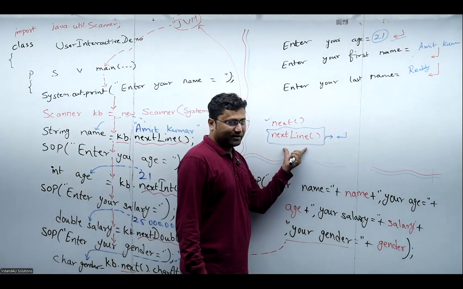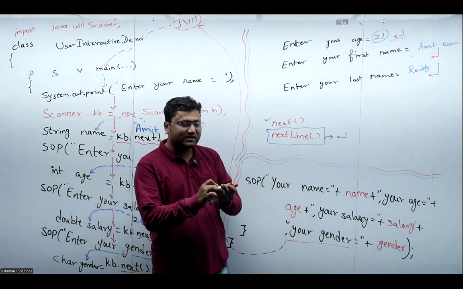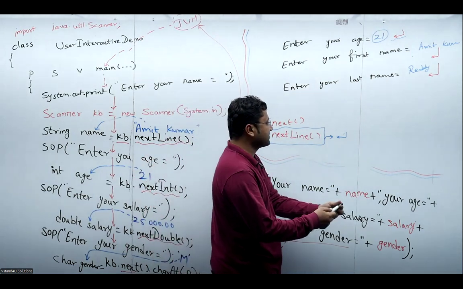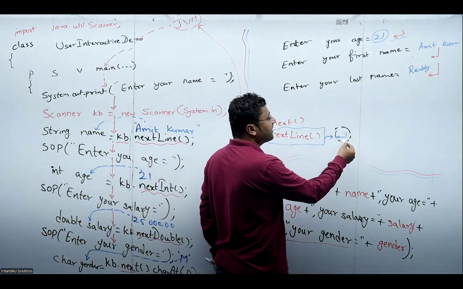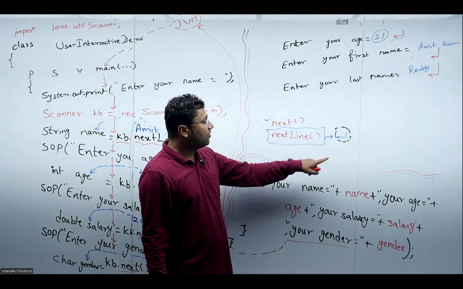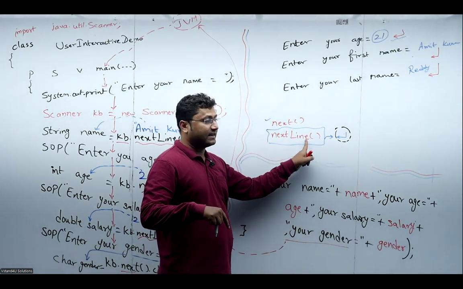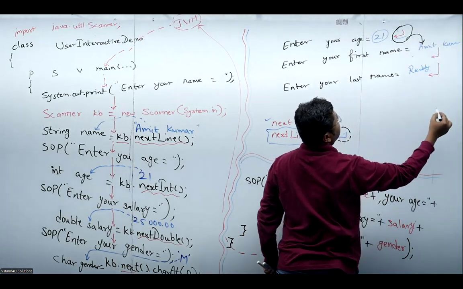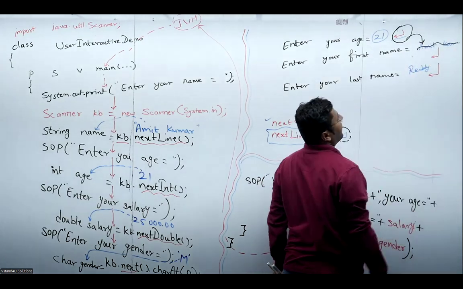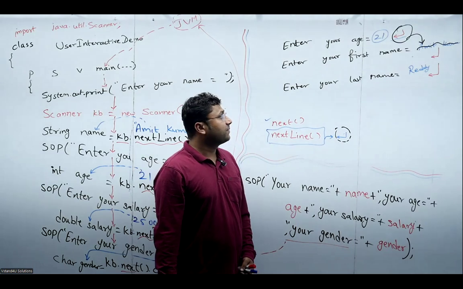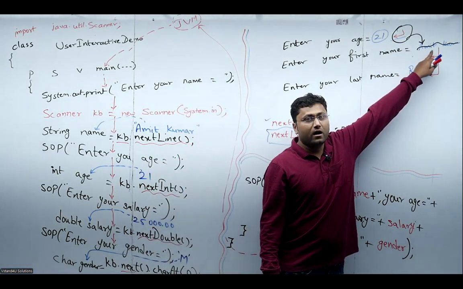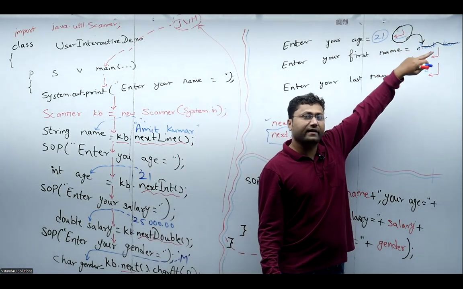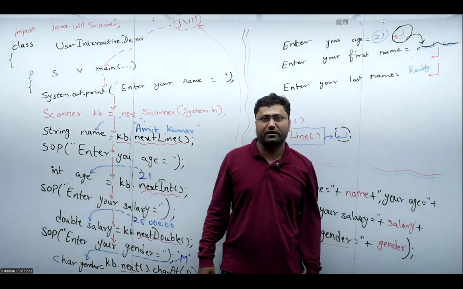And our hero, next line, is so dumb. Whatever enter is there, it feels like, oh, enter is also data. So for next line, this particular enter is the data at this position. That is the reason it is not asking anything. Are you getting my point? That is the reason it is not letting us give another value, because as per next line, enter is the data for the first name.